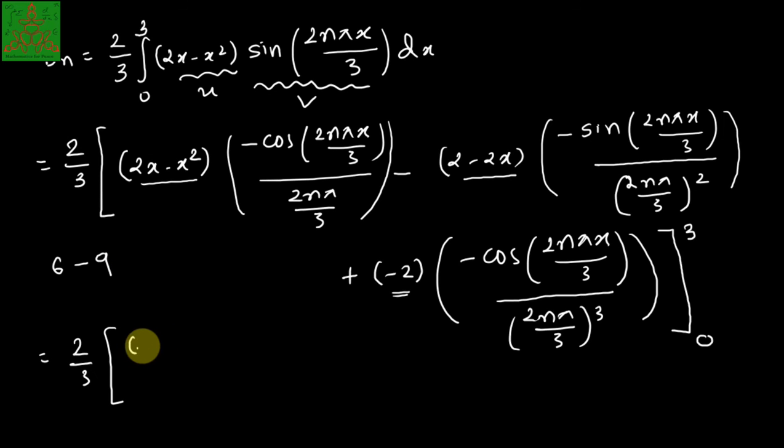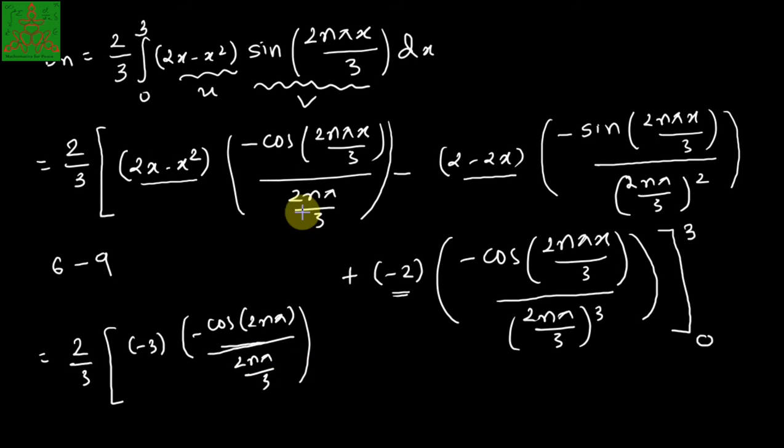So you have minus 3 here, minus cos, when you substitute 3 here, it is 2n pi upon 2n pi by 3. That is the quantity left when I substitute 3 in the first one.